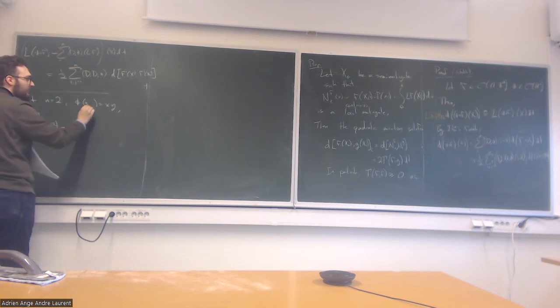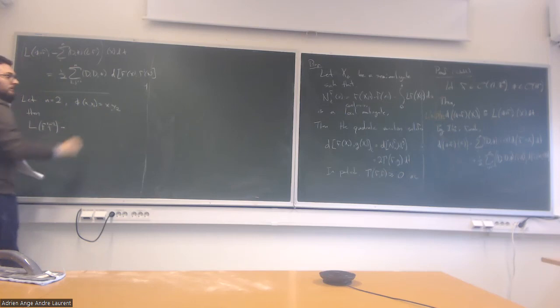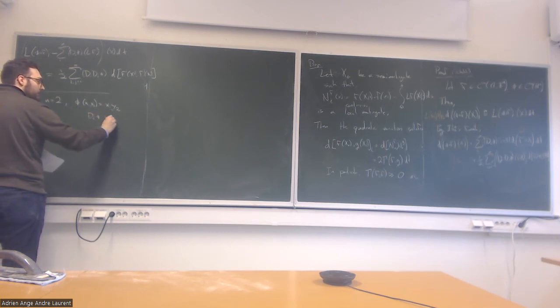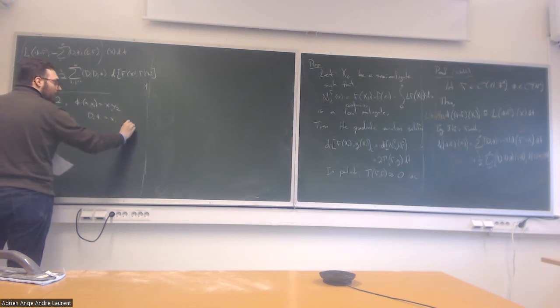Let's make this a little cleaner, writing x_1, x_2. I don't know if that makes it nicer or not. I can write this as d_i phi, then x_{i+1}. I think it's better.